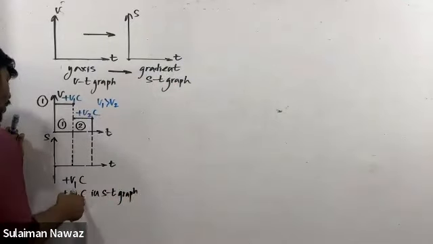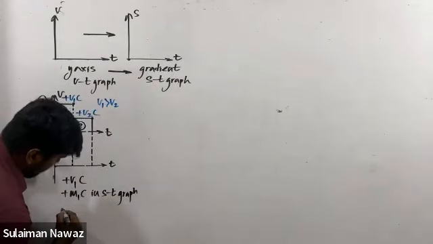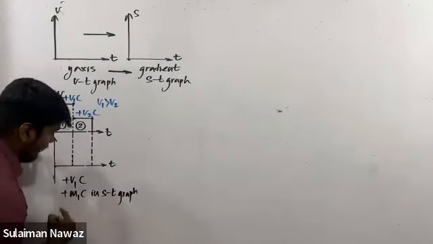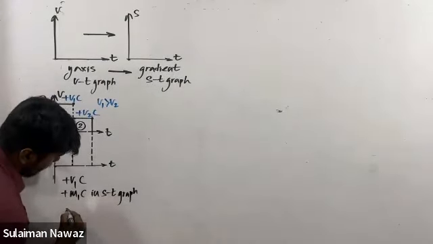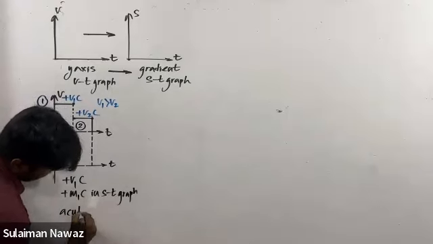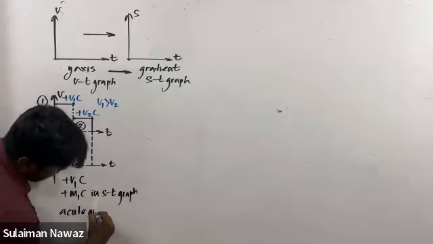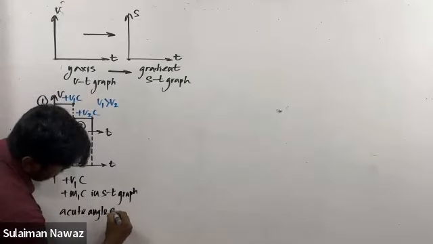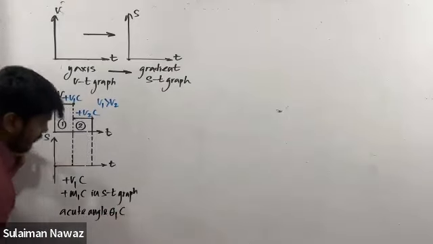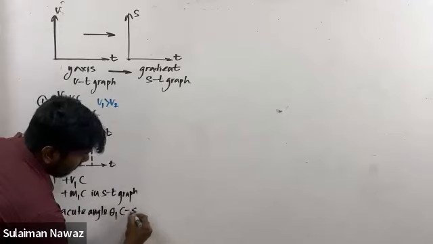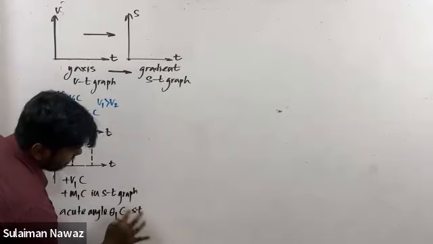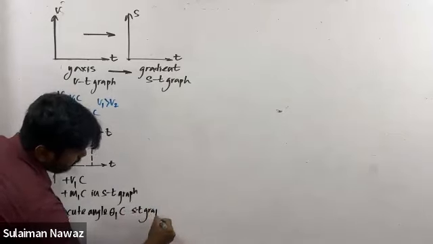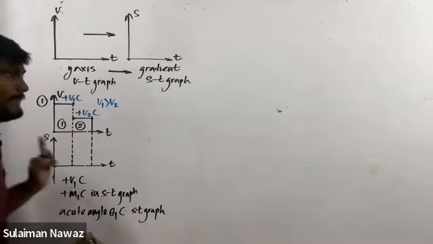Positive gradient constant means, obviously, acute angle constant. Acute angle theta 1 constant in the ST graph. How do you draw a constant acute angle?